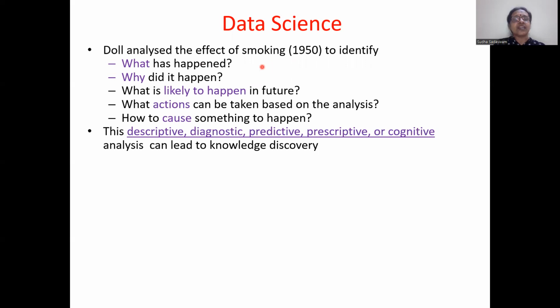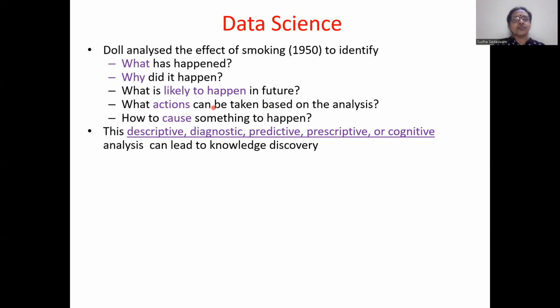In that, she tried to analyze what has happened and why that pattern happened, what is likely to happen in the future, what actions are to be taken based on this analysis of the future, and how we can cause the events to happen.